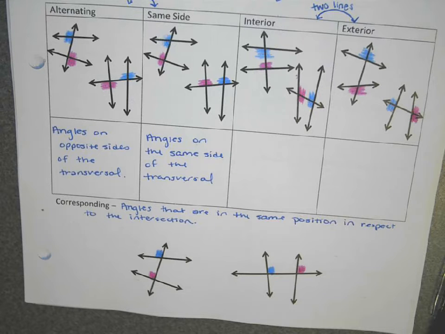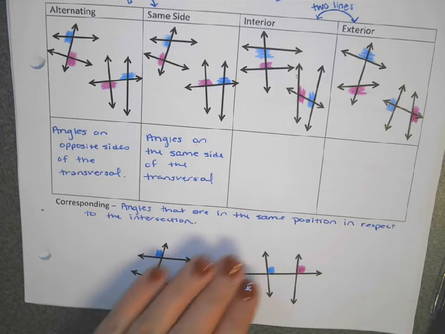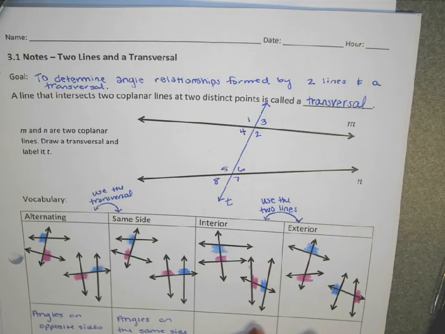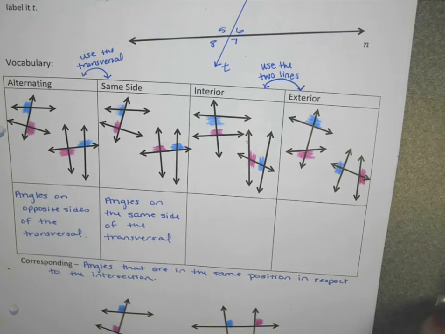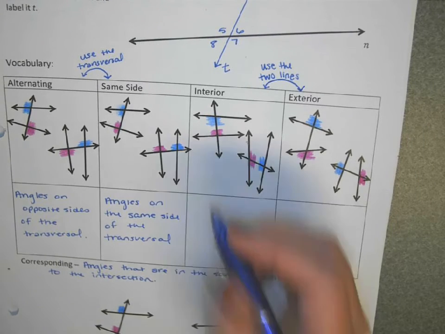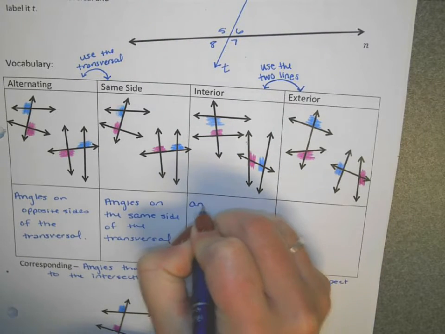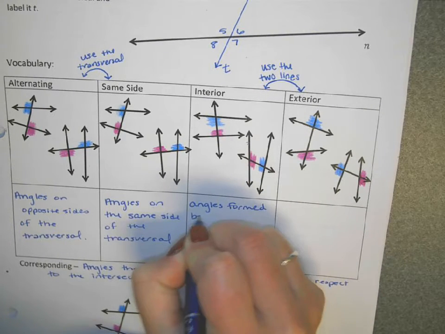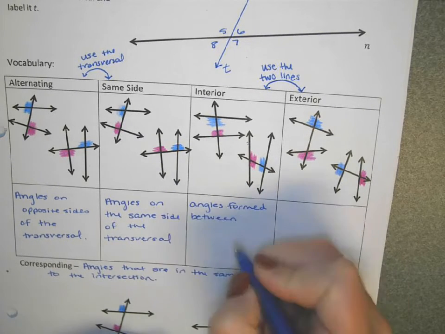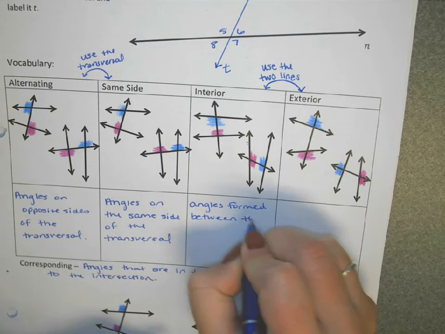All right, so do we have any questions on this page? All right, so I'm going to go ahead and flip this page. What about the definitions here? Oh, yeah, I guess we should probably write those in. So these are the angles formed between the two lines.